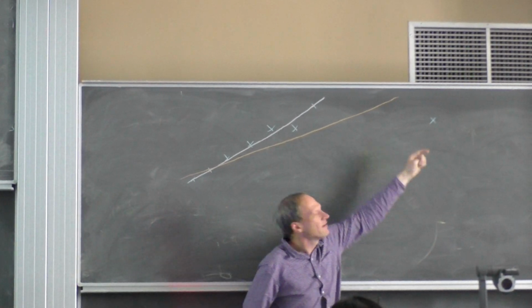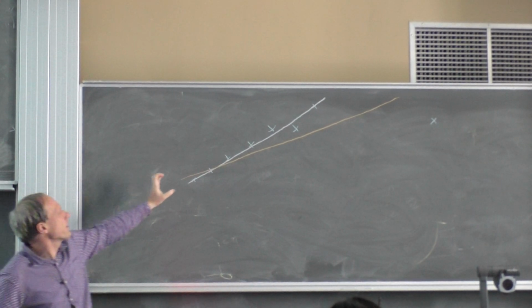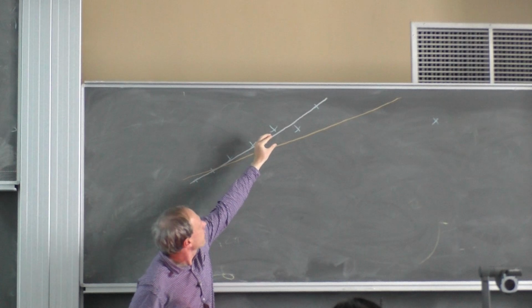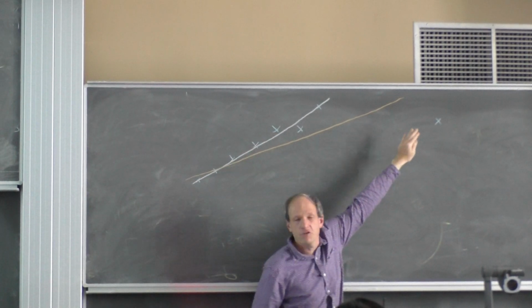So if you've got something like this, this point over here is influencing the actual line that you've ended up fitting between the points quite seriously. All the others, you've got something which is quite nice up over here, and then you've got this one, and that pulls the line away from most of the other points.